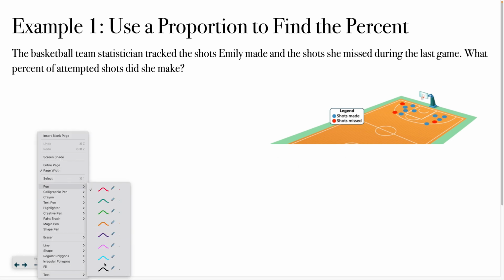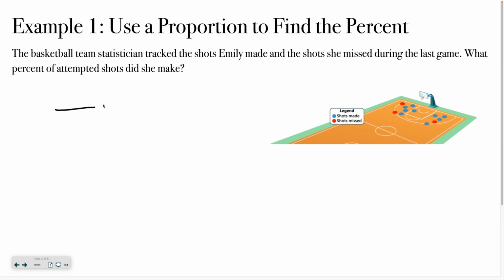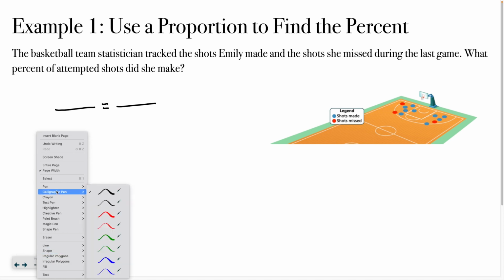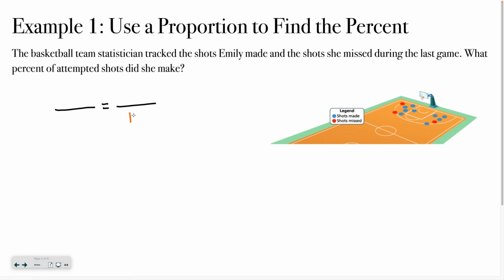Okay, and yesterday I showed you guys how we can set up a percent, right? So let me go over that again. This side of your fraction is going to represent the percent.